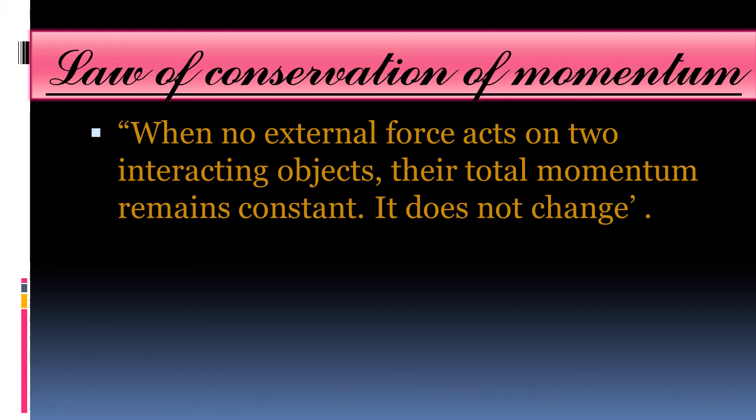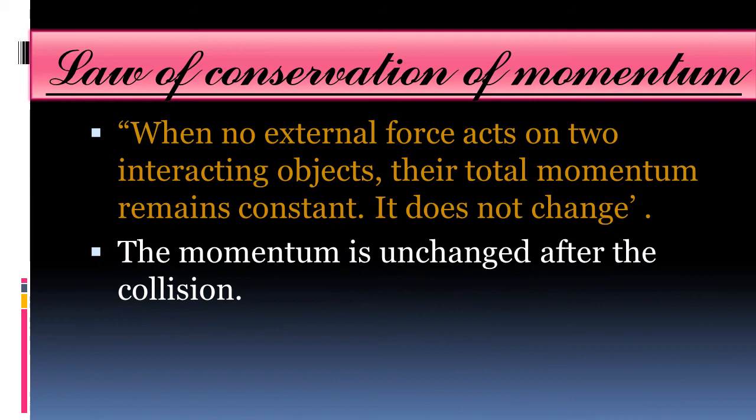The momentum will be unchanged after the collision, and the momentum gets redistributed between the colliding objects. The momentum of one of the objects decreases while that of the other increases, and that's why it is redistributing between the two colliding objects.